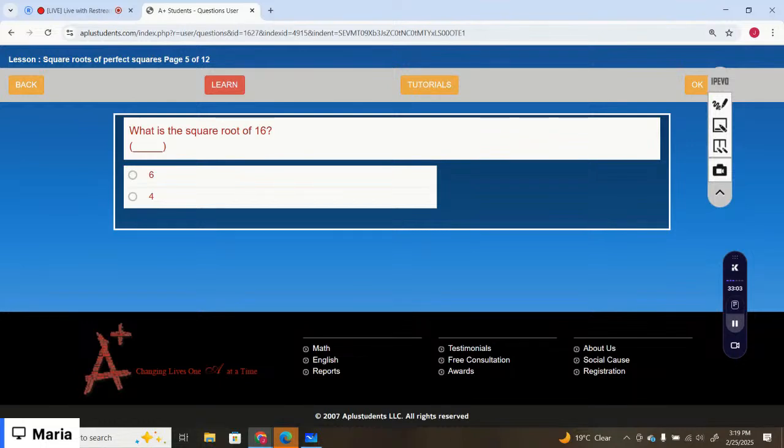The square root of 16 is 4. Option number 2 is the correct option. What is square root 4? That is 2. Option number 2 is the correct option.